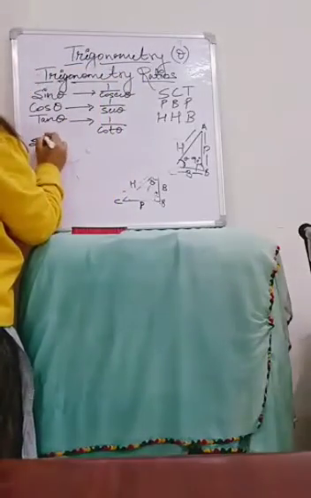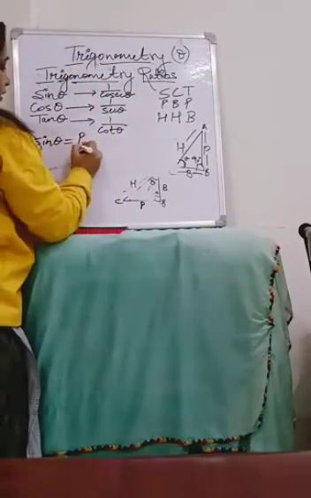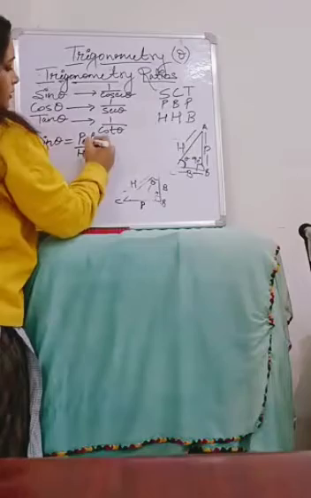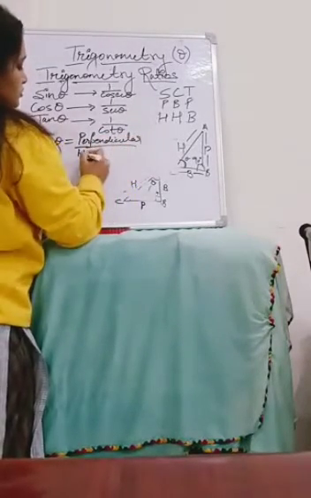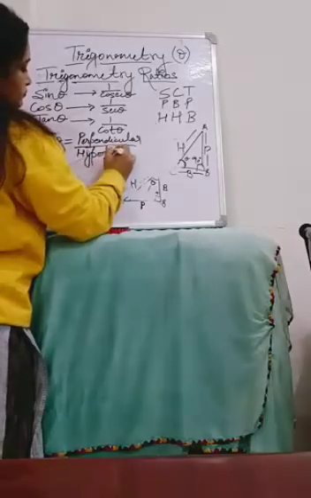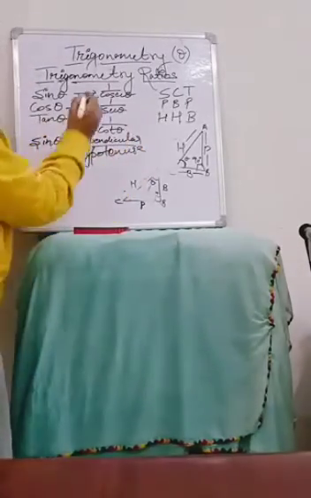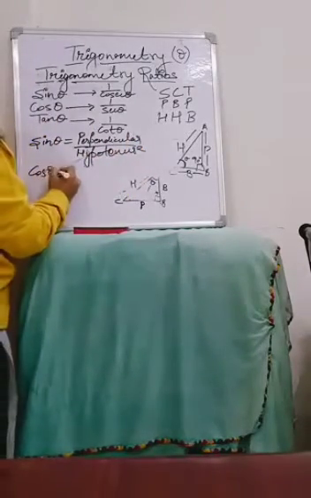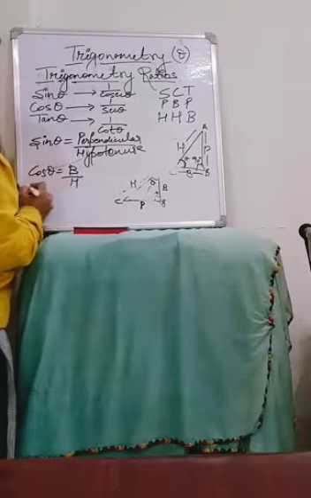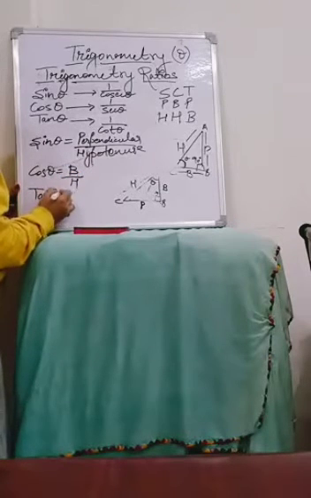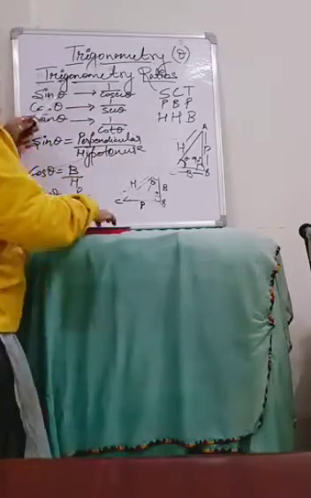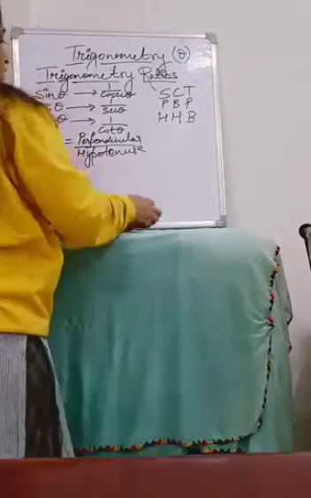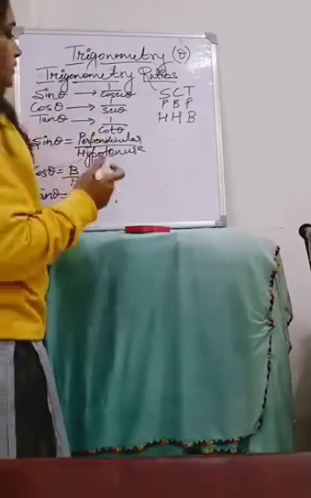Sin theta is P upon H, that is perpendicular upon hypotenuse. Cos theta is base upon hypotenuse, and tan theta is perpendicular upon base. Now cosec theta, sec theta and cot theta.